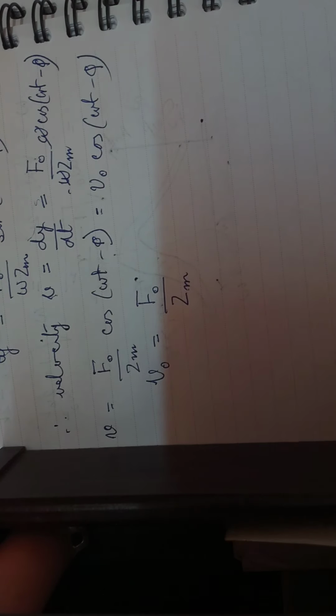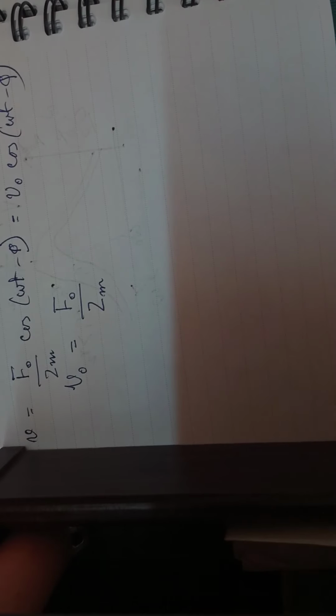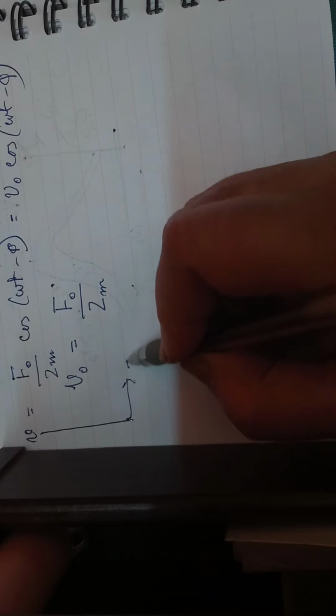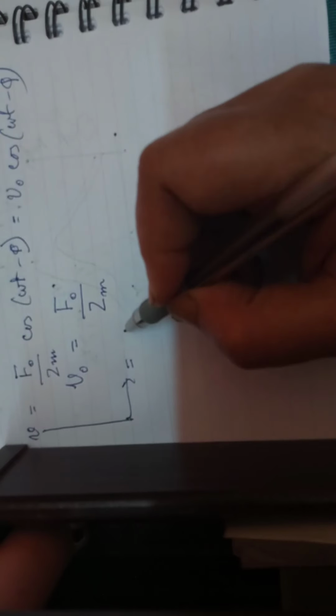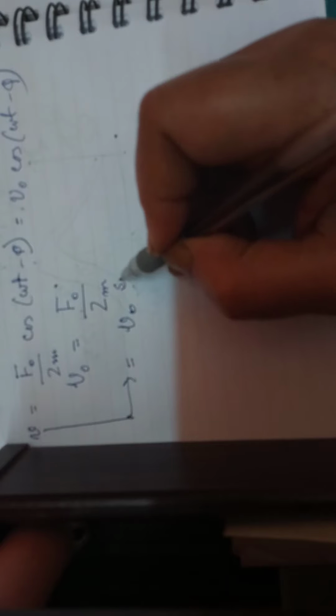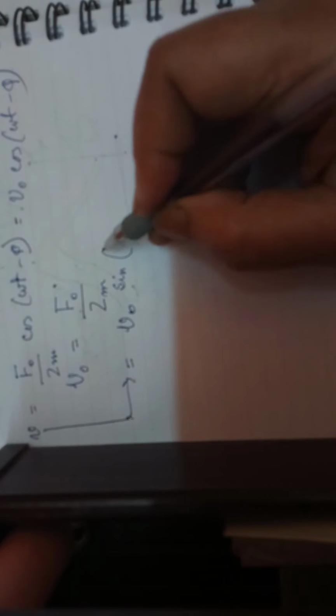Now this whole thing we can write as v equal to v0 sine of (omega t minus phi plus pi by 2).